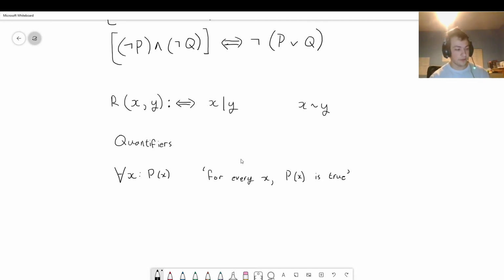Generally the range that x runs over is specified contextually. We'll get more into that later. And then there exists x such that P of x, so for some x, P of x is true.